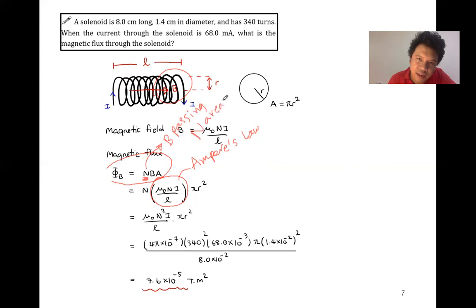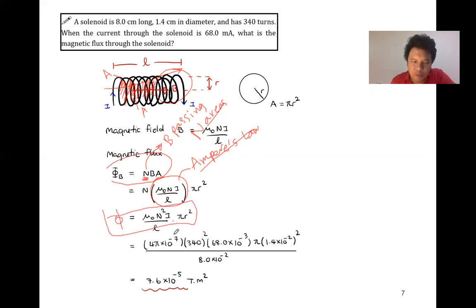If we consider the coil, magnetic field B is passing through this one area, so we call this 1A. This is another A, then 3A, 4A, 5A, and then NA. So the total area is N times the area A. So flux will become NBA, and we use the B from Ampere's law. Then we have the expression for the magnetic flux.